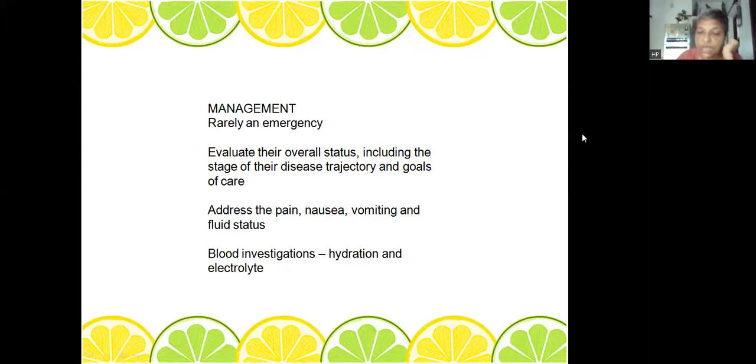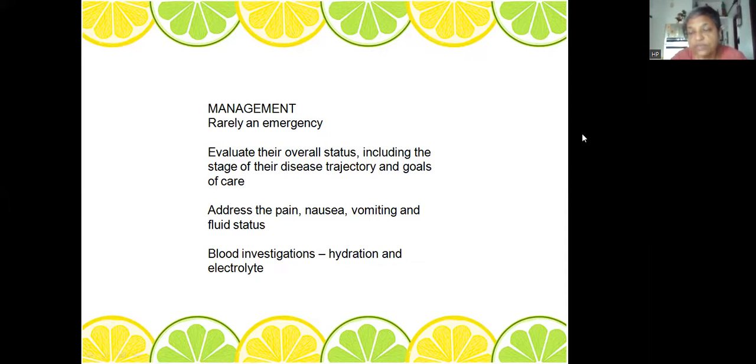But we have to address the pain, nausea, vomiting, and of course the fluid status of the patient. That is very important, whether the patient is in the end stage or still going on with treatment. Pain should always be addressed. You all know this; you have been attending so many classes. What we say is quality of life.